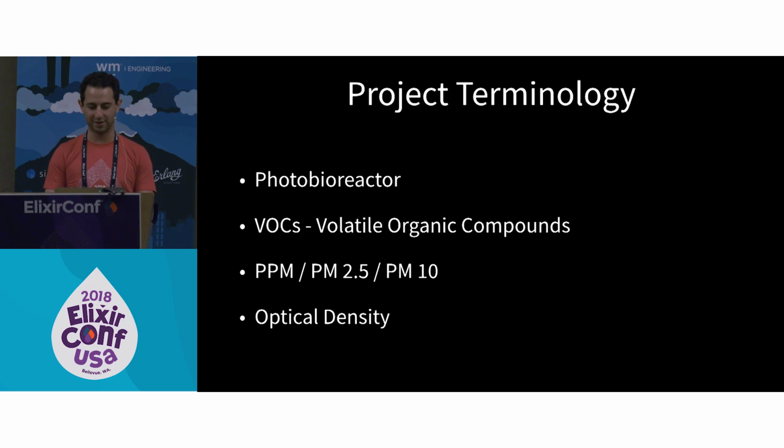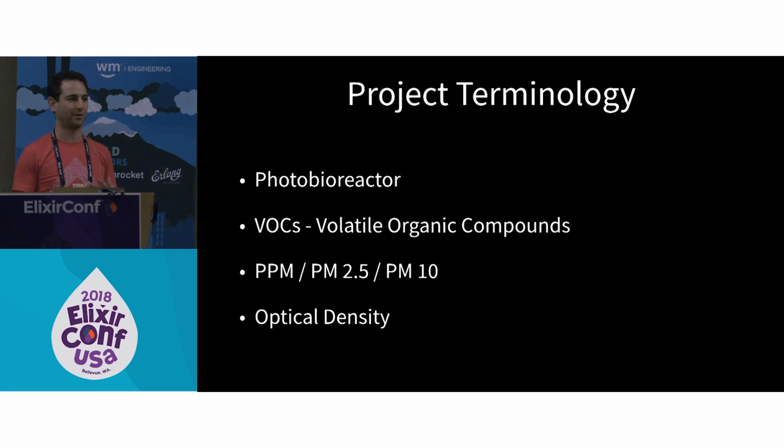So, first, in the background, there's a little bit of terminology I want to go over. A photo bioreactor. Does anybody know what that is? Cool. This is a really fancy way to say growing something in a box with artificial light. That's all it is. There's another term called VOCs. These are volatile organic compounds. They are things that are in polluted air that react with your body.